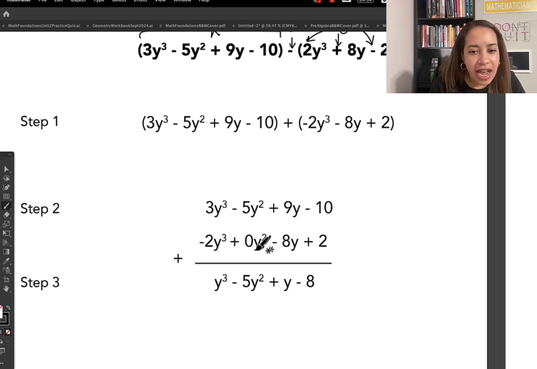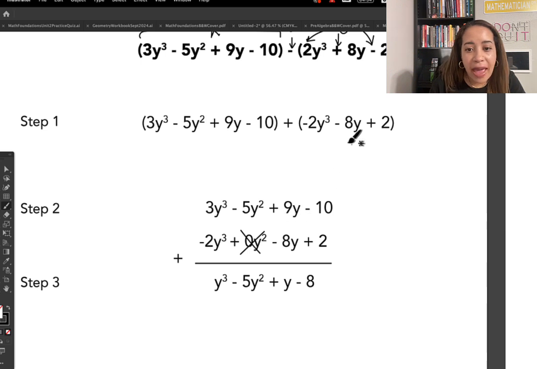So you can see that I actually used a placeholder this time. I wrote 0y squared since there wasn't a y squared term in our second polynomial. But you can leave it blank just like we practiced. Just make sure that you're leaving some space under our negative 5y to the second power since it did not have a match.